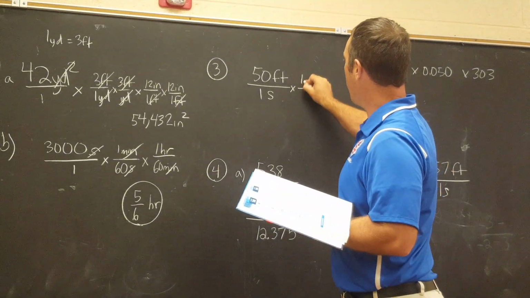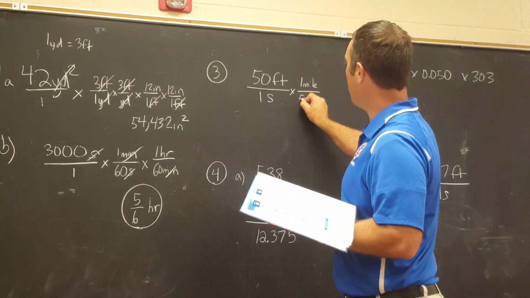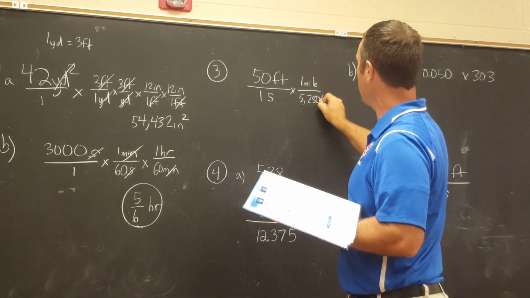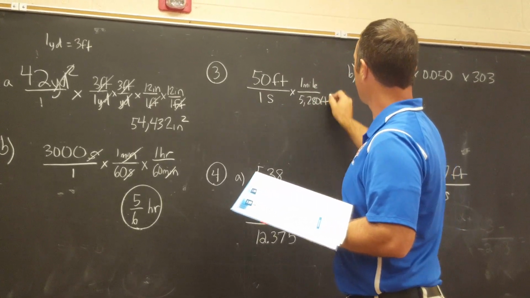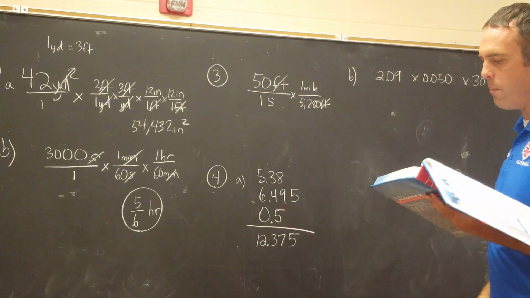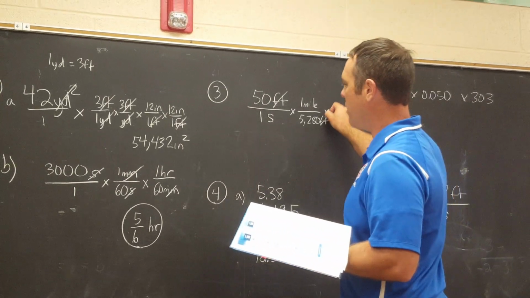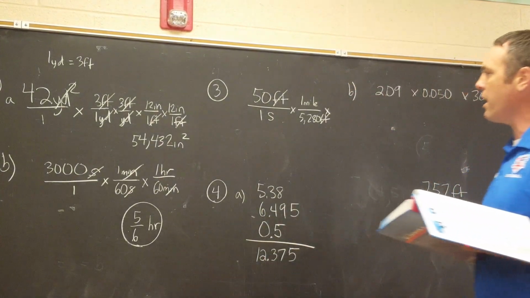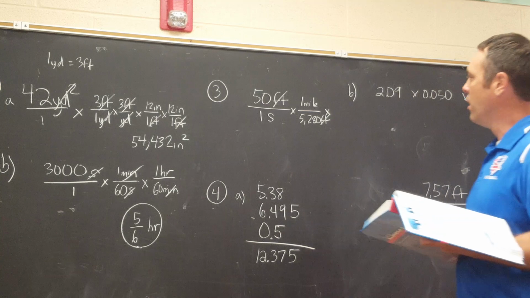We know that 1 mile is equivalent to 5,280 feet. Now we would have miles per second, but that's not what we want. We want miles per hour. So just like we did in the previous problem, we're going to convert seconds to hours.